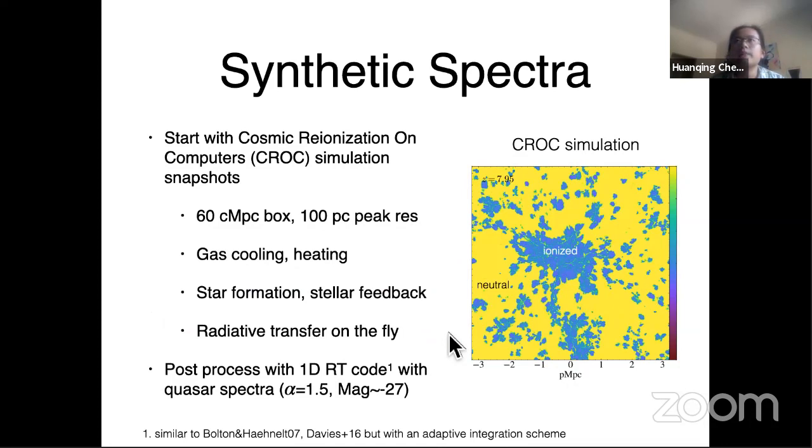We obtain these synthetic spectra by post-processing a cosmic reionization simulation. This simulation has both a relatively big box of 60 comoving megaparsecs, as well as high spatial resolution, and allows us to resolve the Lyman limit systems, which are potentially important in modeling the proximity zone.